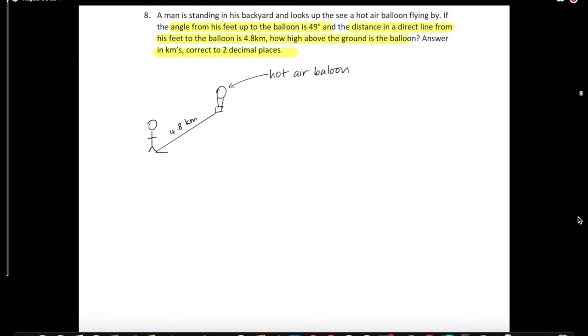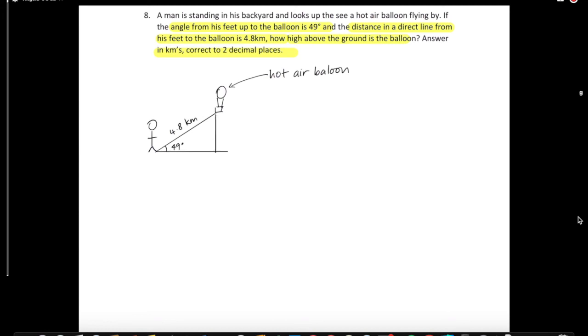And then obviously the angle that it makes with the ground. So I'm just going to draw that out. So his foot to the ground, we're told, is 49 degrees. And then I'm just going to complete this right angle triangle.